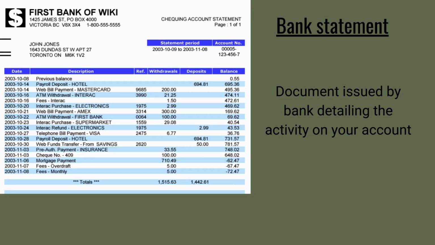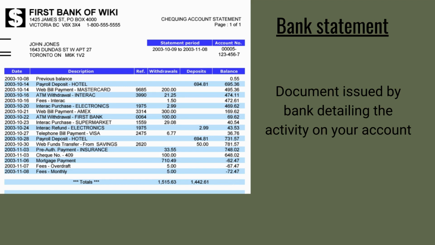Now, the next one is a bank statement, and hopefully, you've gotten a bank statement before. I think everyone has, by this age that you're at right now, you probably have witnessed a bank statement. If you haven't, it's probably on your banking app. You should probably go look at that now. It may help make this a little bit more solid in your understanding.